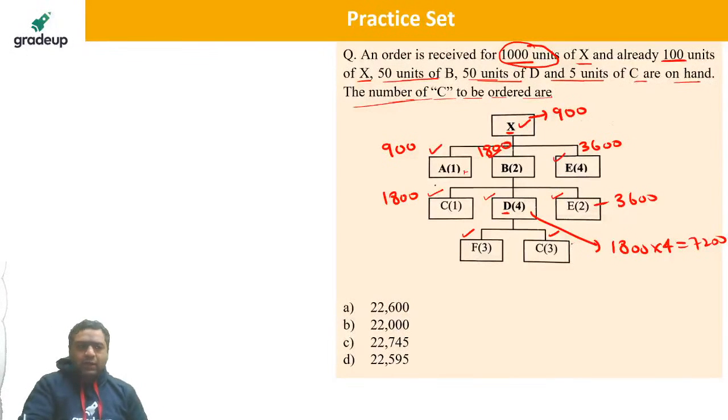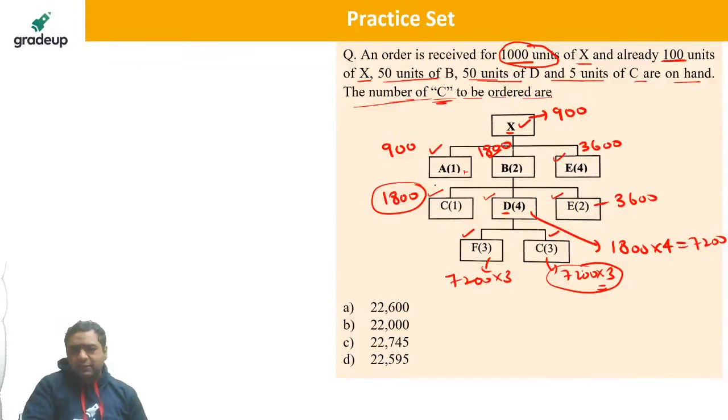So for 7200, you require 7200 into 3 F and 7200 into 3 C. You need to answer the number of C to be ordered. So 1800 C are here, and this much C are here. So C are at two places. So 7200 into 3 plus 1800. 23,400 C are required in total.